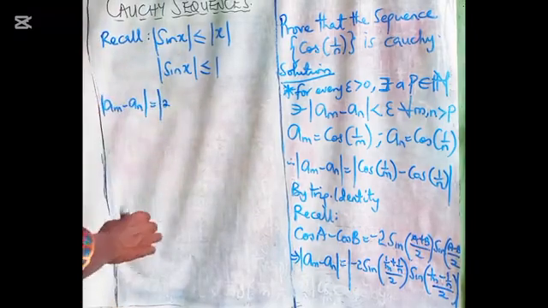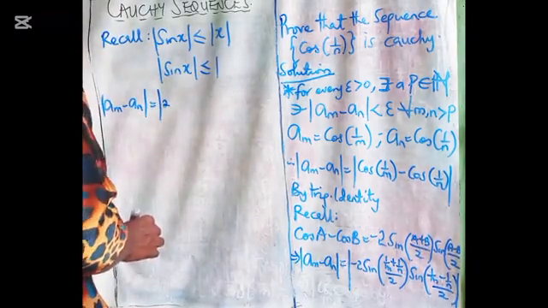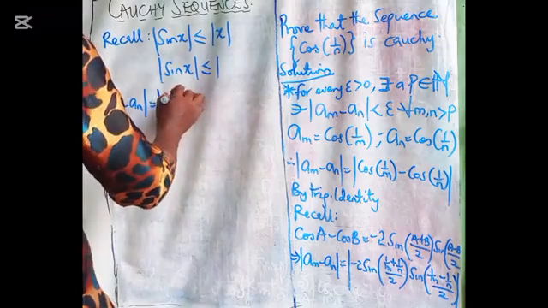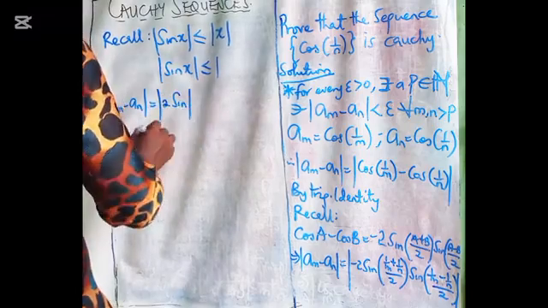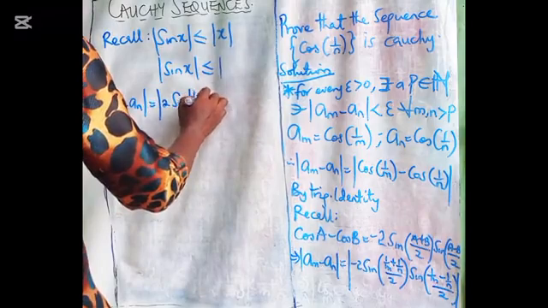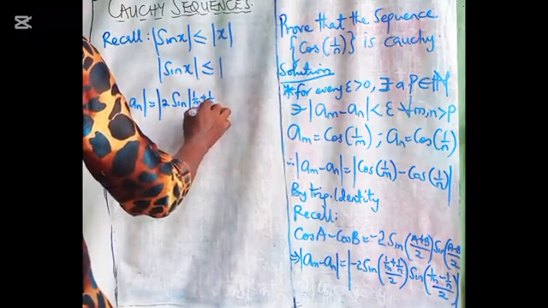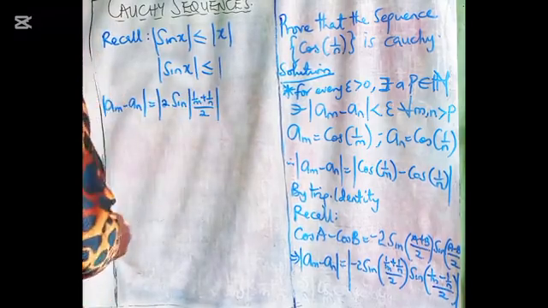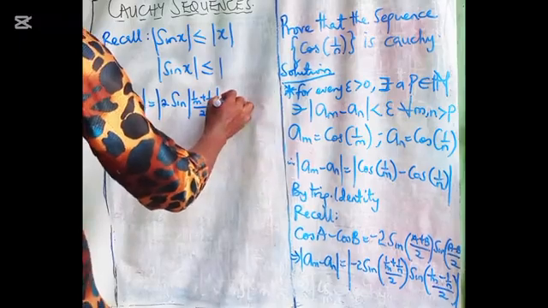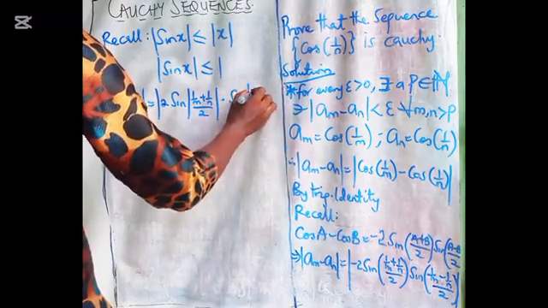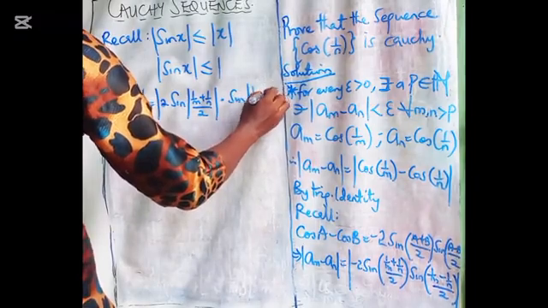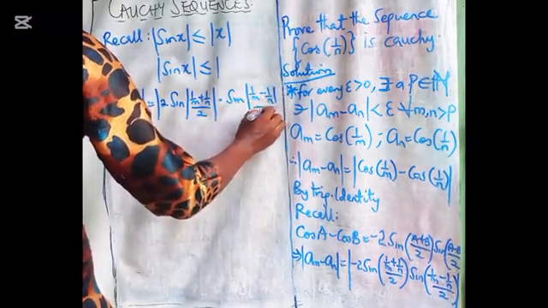We are left with 2 sine (1 over m plus 1 over n) over 2 into sine (1 over m minus 1 over n) over 2.